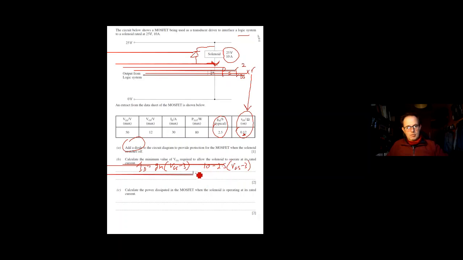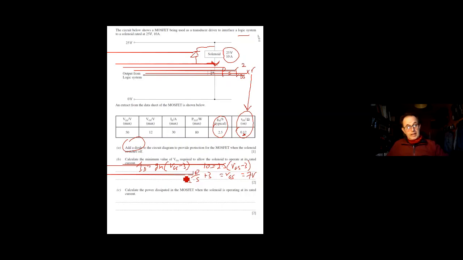So I would tend to divide by the 2.5, take the 2.5 over, and then I would add the 3, which leaves the VGS on its own. So from there, substitute in, and that would give you the 7 volts.